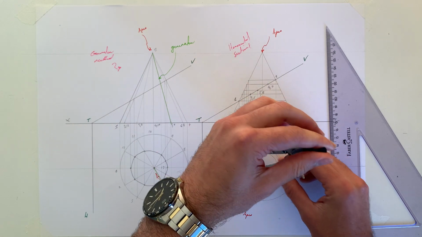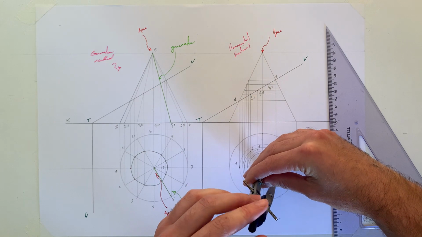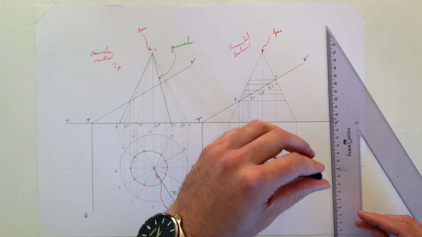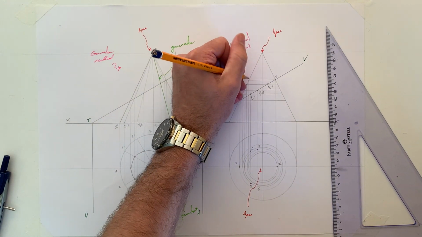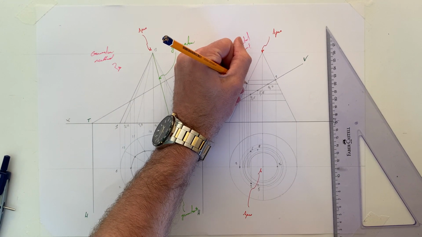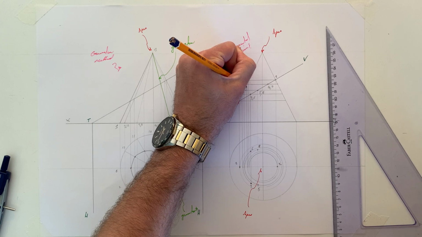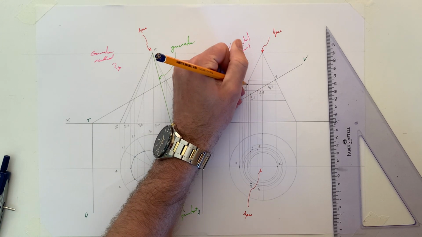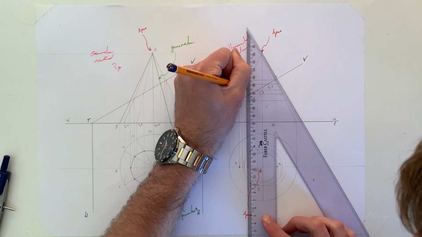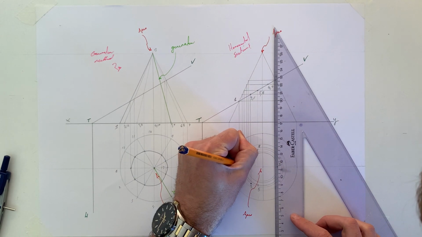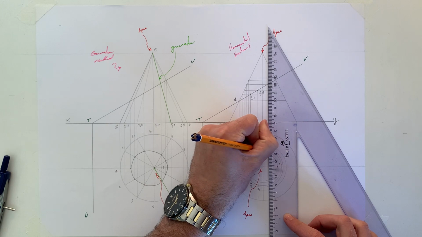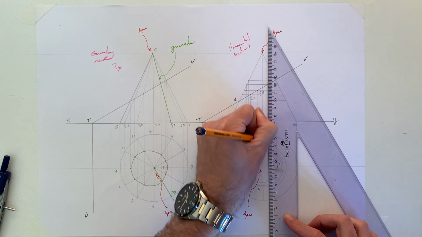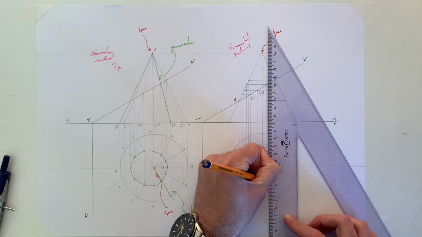You can see why the numbering is coming in very handy now when there's a lot of lines. Just be very careful that you don't mark it on the wrong line. So let's say 4 and 7 here, dropping straight down. This circle here is this circle 7, where that comes down and hits there and here.